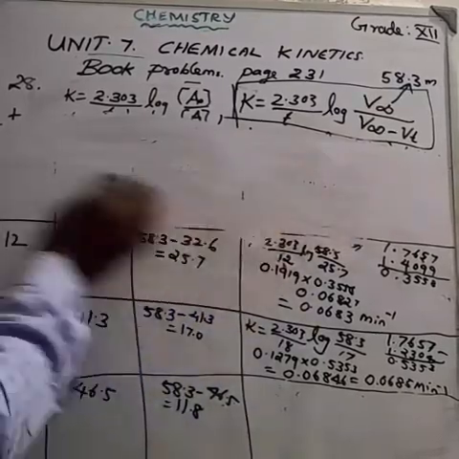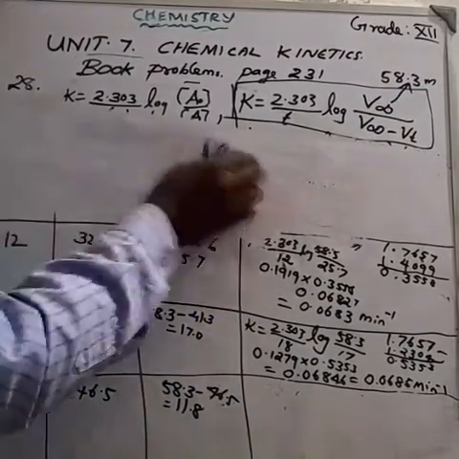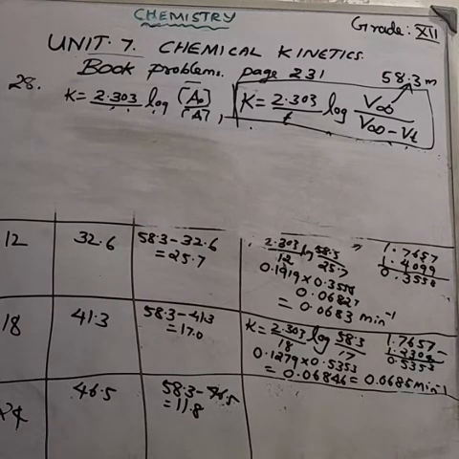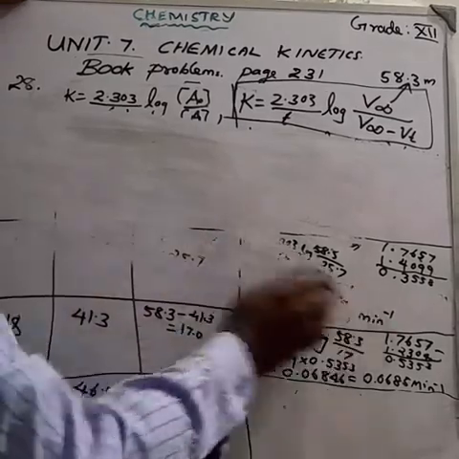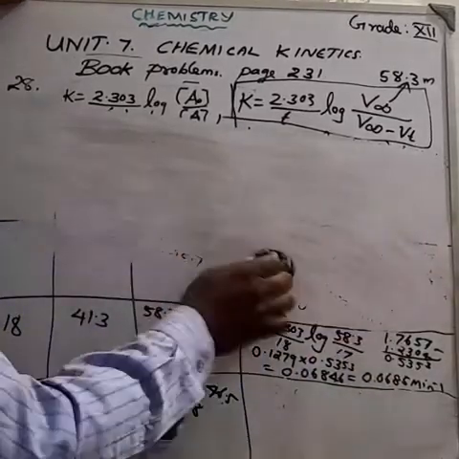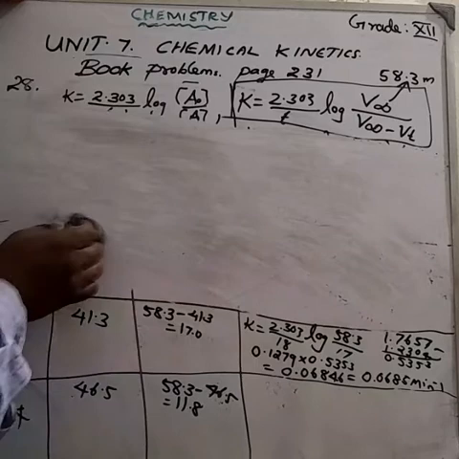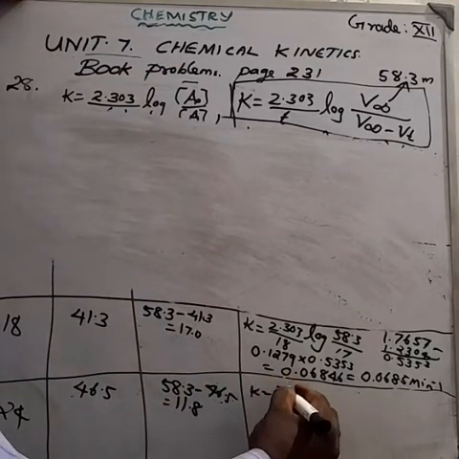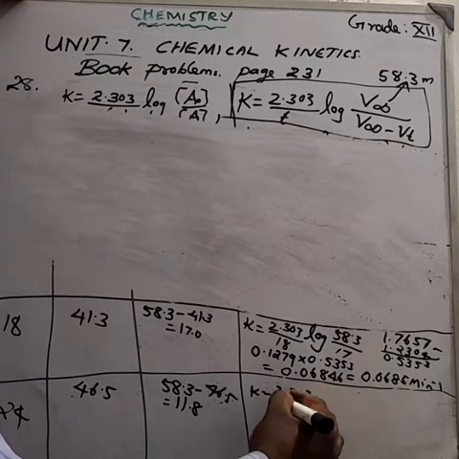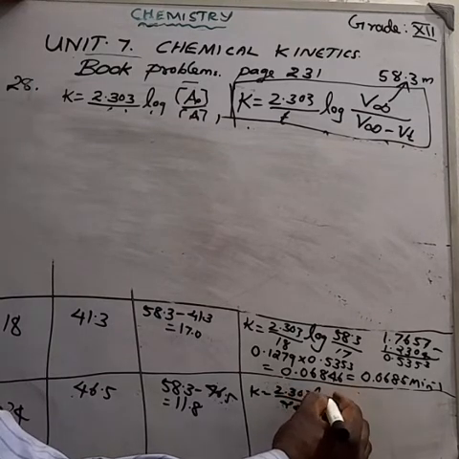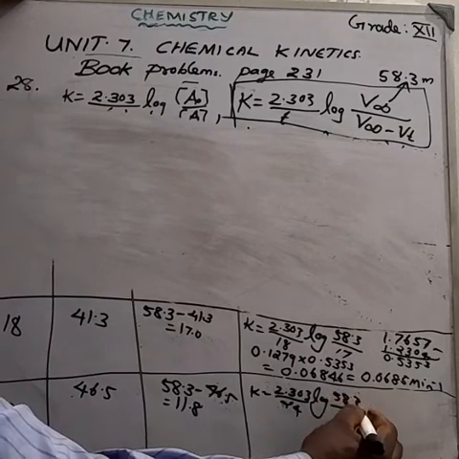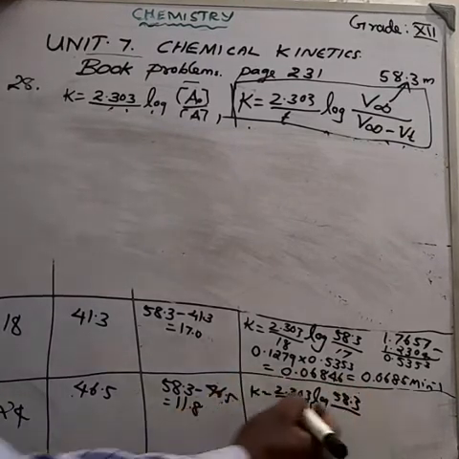Next, the last one, 24 minutes. VT is equal to 46.5. V infinity minus VT is equal to 58.3 minus 46.5, approximately 11.8. So K is equal to 2.303 divided by 24 log of 58.3 divided by 11.8.